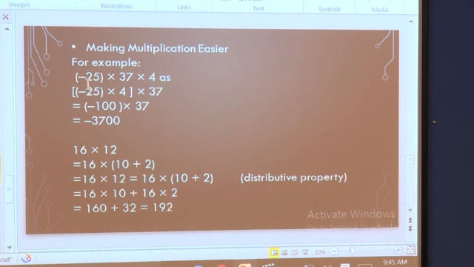I will replace the numbers or integers. First, what had I done here? -25 multiplied by 4. I had taken 4 here. Why? I will say in short. I had grouped these two numbers and got 37 here. Here 25 fours are, you know very well, 100. When it is minus, we write minus 100.